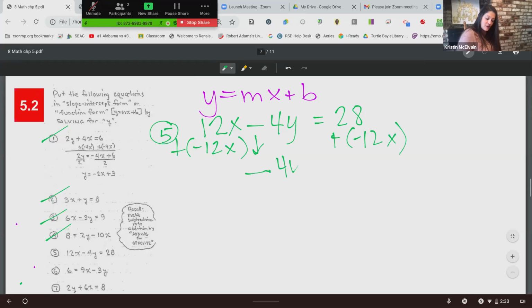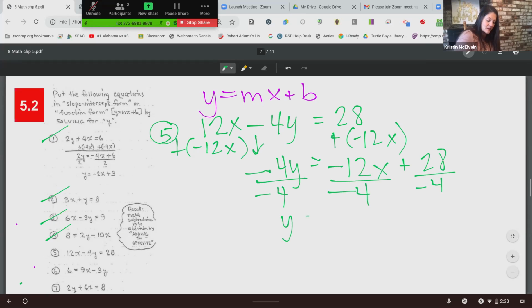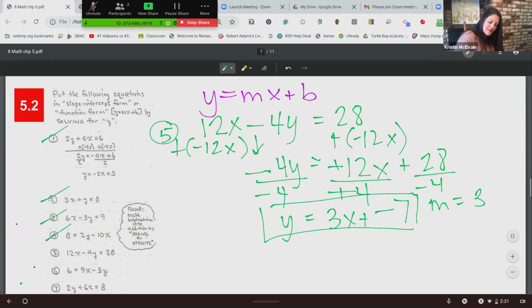So there's my negative 4y equals negative 12x plus 28 divided by negative 4. Leaves y equals negative divided by a negative, makes them both positive. So that will be 3x plus positive divided by a negative is a negative 7. That's my slope-intercept. Slope is 3, y-intercept negative 7.